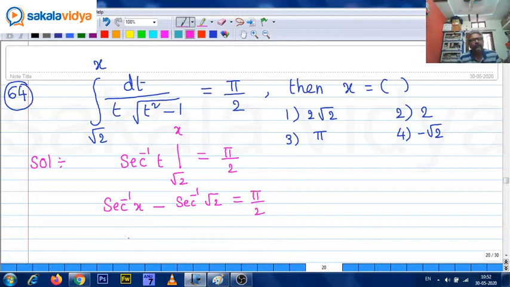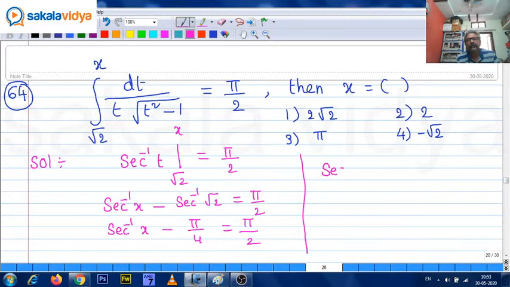Secant inverse root 2 is 45 degrees. Secant inverse x minus pi by 4 equal to pi by 2. So secant inverse x equals pi by 2 plus pi by 4.